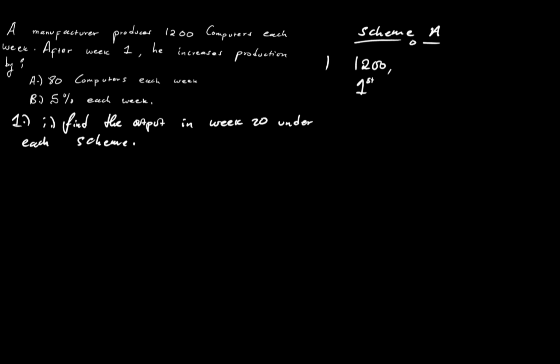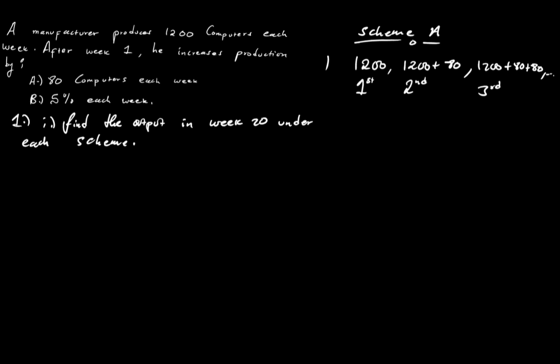Then after week 1, they have to increase. Under the first scheme, we're increasing by 80 computers each week, which means that in week 2 we have 1,200 plus 80. Then the third week, we have 1,200 plus 80 plus another 80, and it keeps on going.